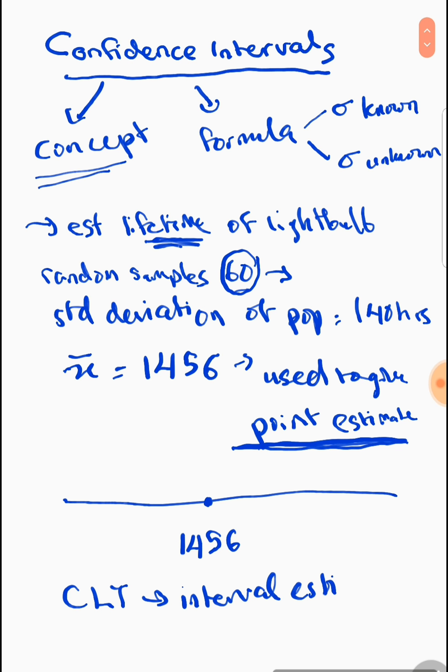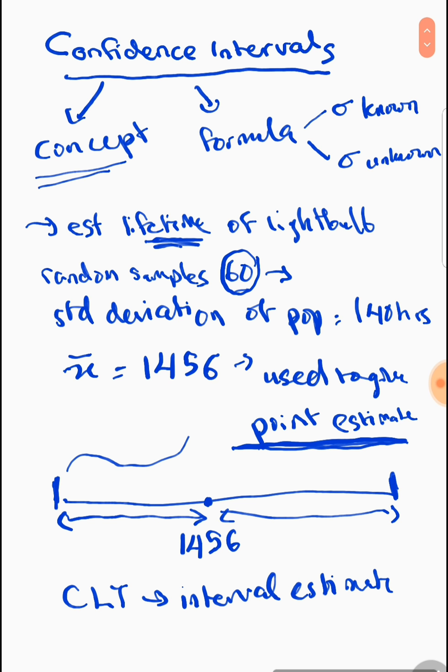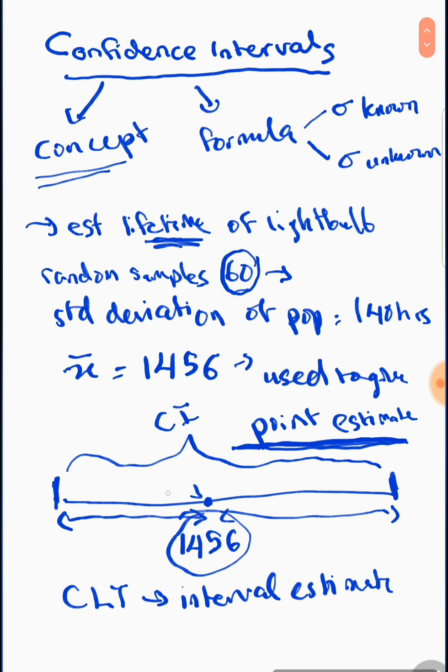This interval estimate gives an upper bound and a lower bound, basically an interval, and this whole thing is what we know as the confidence interval. This is the point estimate, and usually this lower part here is what we call the lower confidence limit.